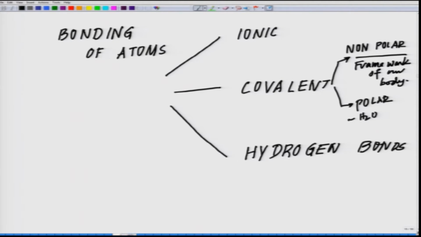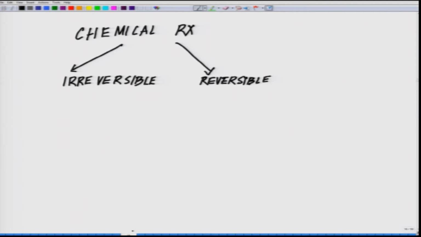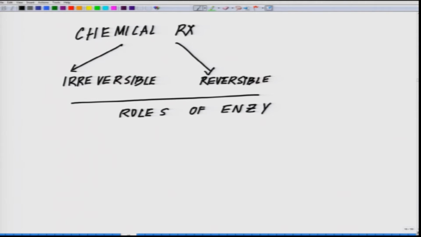And coming back to the next slide, you are having series of chemical reactions in the form of reversible, irreversible chemical reactions, and the roles of enzymes in this process.